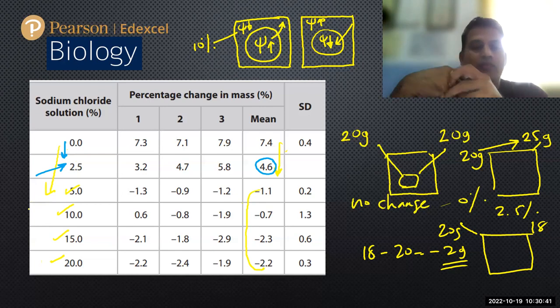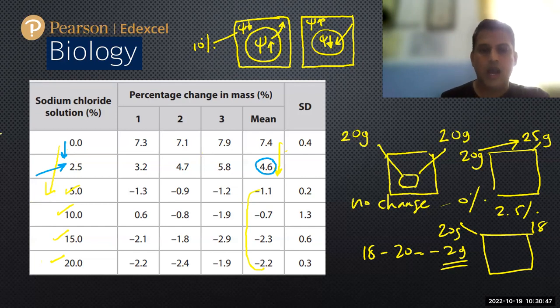The first one, 2.5, increases. This is because outside water potential is high, inside water potential is less, water moves into the onion, and the weight increases.